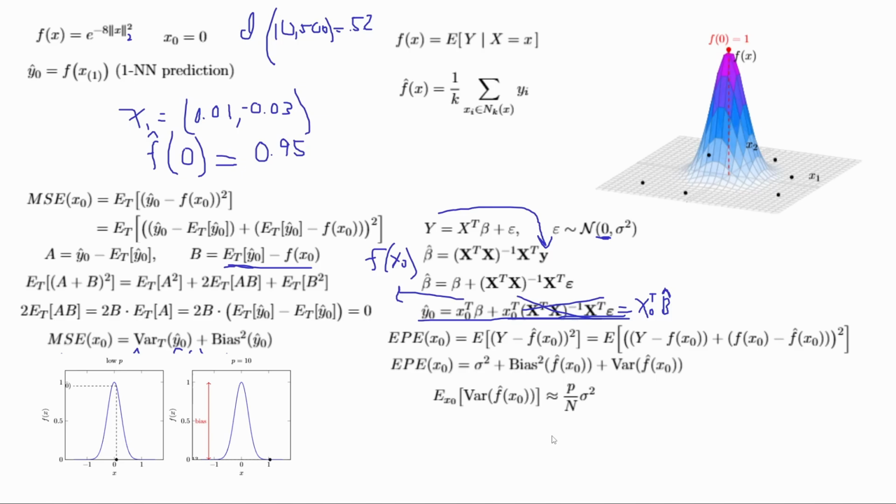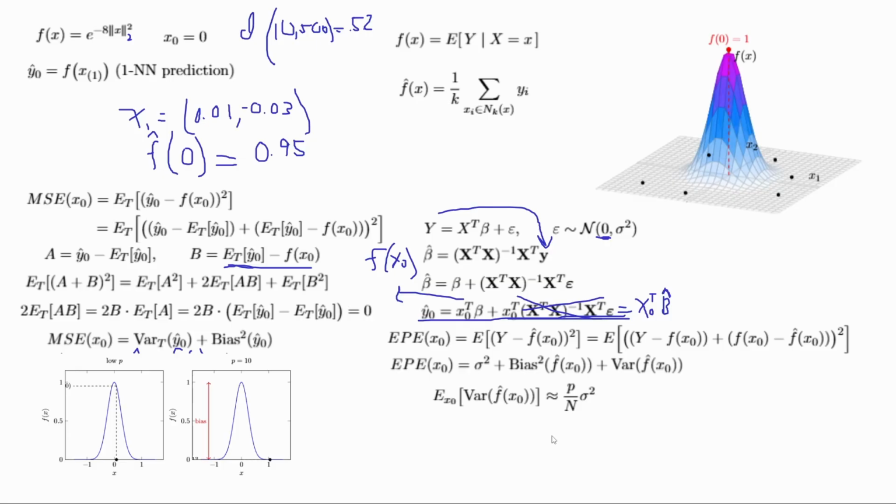Okay, so let's stop and reflect for a minute. Let's think about 2 weeks ago, where we said that linear regression is high bias, low variance. K nearest neighbors is low bias, high variance, stated qualitatively. However, in high dimensions, K nearest neighbors' bias explodes because neighborhoods stop being local and the data itself is pushed towards the boundary.